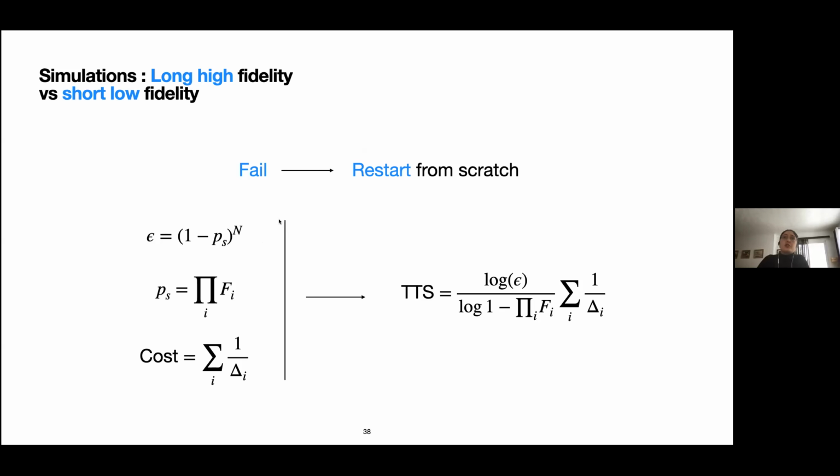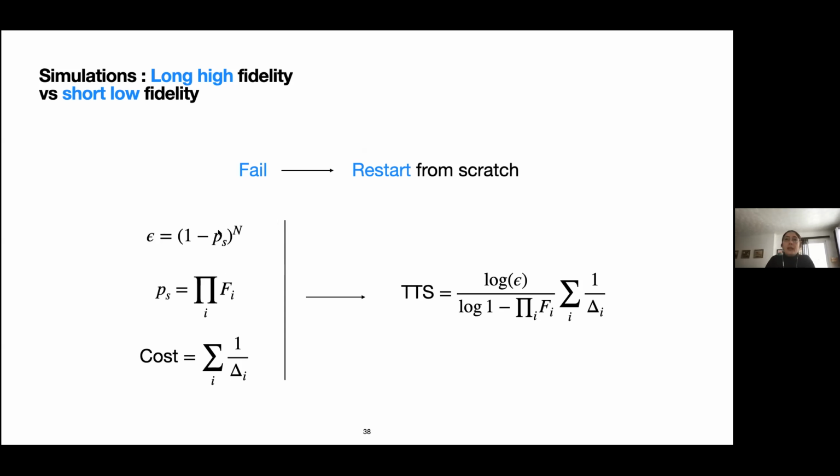So there is a trade-off between a long protocol that has a high probability of succeeding and a short simulation that has a low probability of succeeding, but that you repeat more often. So let's say I have some protocol that has a probability of succeeding and that has a certain number of steps in it.